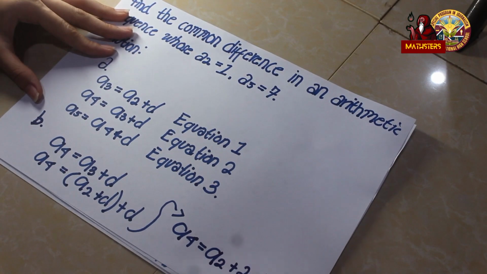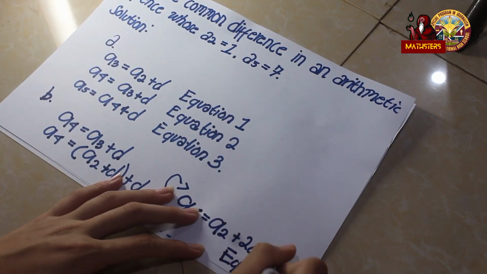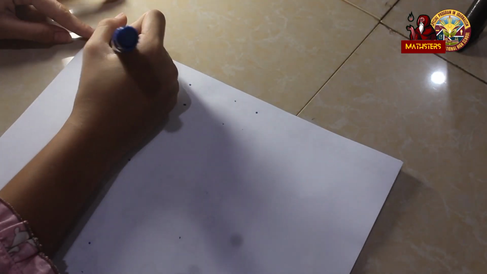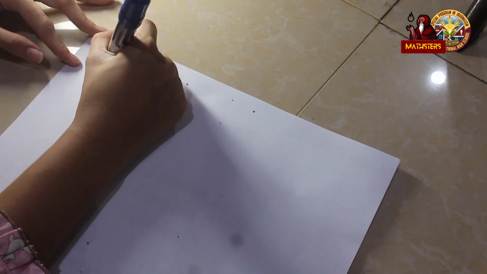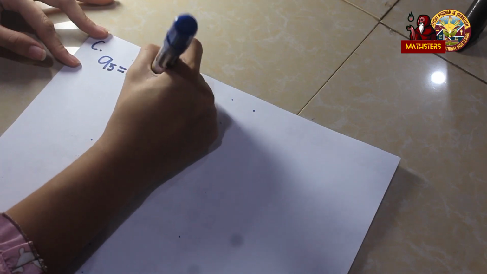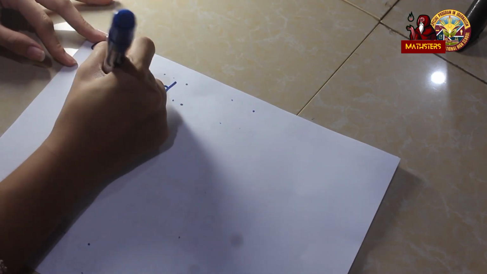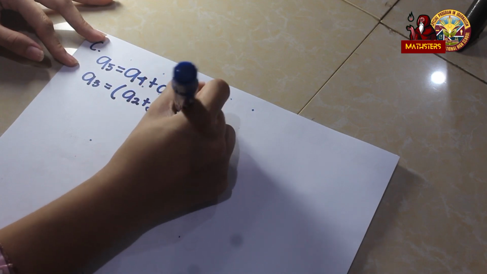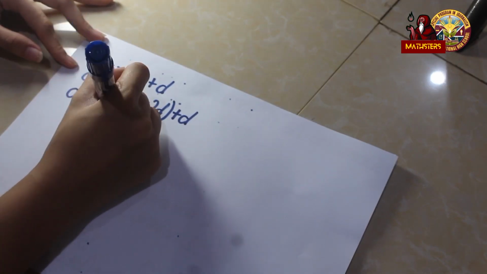Similarly, substitute the expression for a sub 4 in terms of a sub 2 and d into the equation for a sub 5. We get a sub 5 equals a sub 2 plus 2d plus d, which simplifies to a sub 5 equals a sub 2 plus 3d.